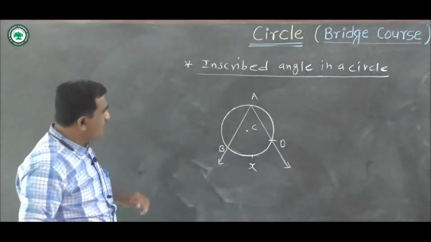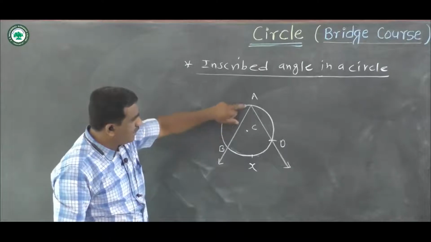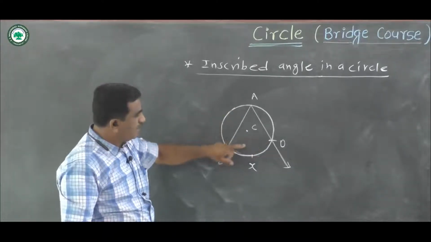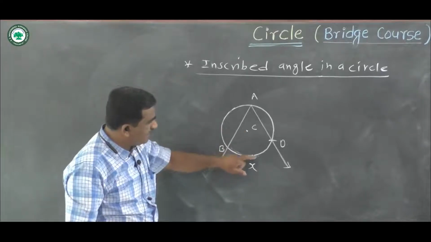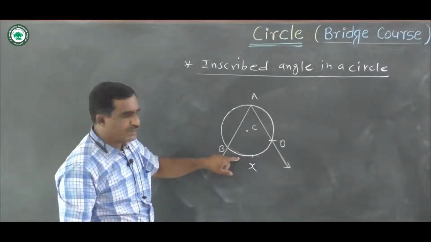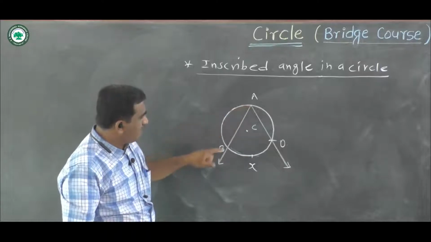The measure of this inscribed angle BAD is equal to 1/2 into the measure of the arc BXD, which is intercepted by the inscribed angle.